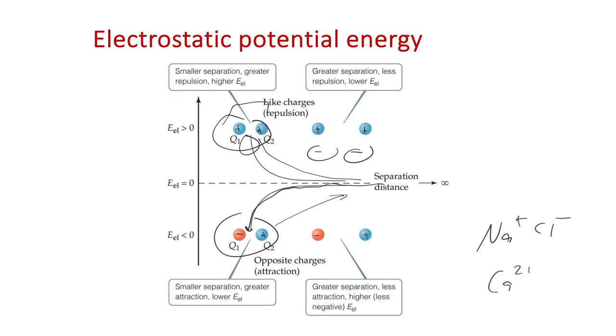If you compare that to something like O2 minus, it's going to take more energy to separate the 2 plus 2 minus because the magnitudes of charge are greater. So the greater the magnitudes of charge, and actually the closer the charges are when they're plus minus, the greater the attractive force, the more energy it's going to take to separate. You can start to compare, and again, we'll introduce that more as an idea that you'll see on tests and in chapter 8, but you can get a sense of it now.